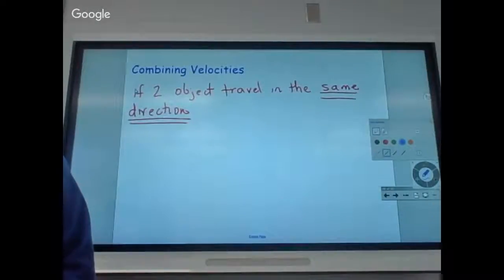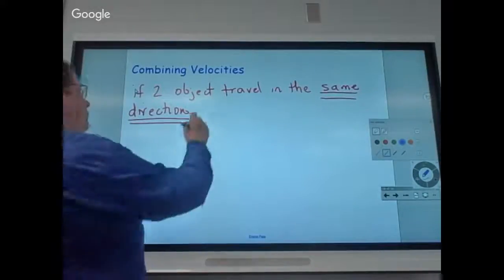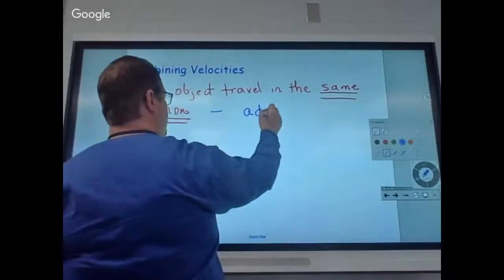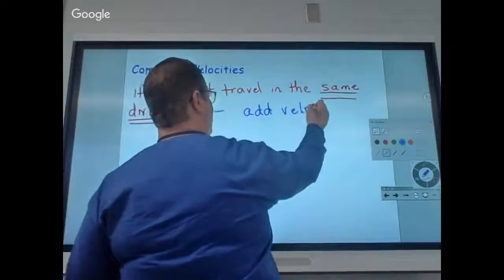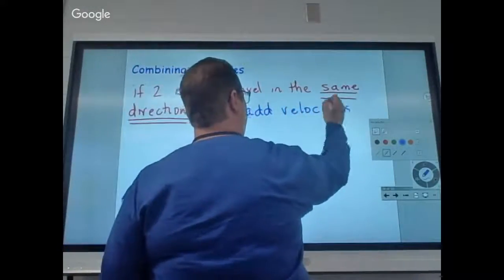Subtract the two and then add it to one. All right, so we're going to subtract or we're going to add? We're not going to do both. Which one are we going to do? They go in the same direction. You're going to add. You're going to add the velocities. Okay?